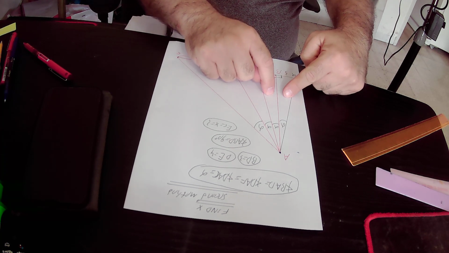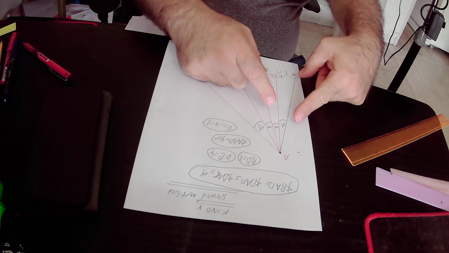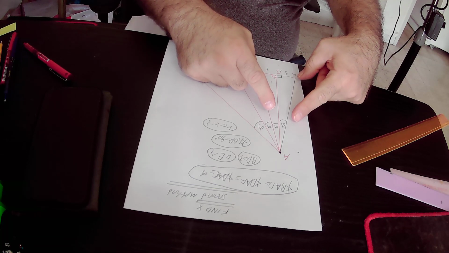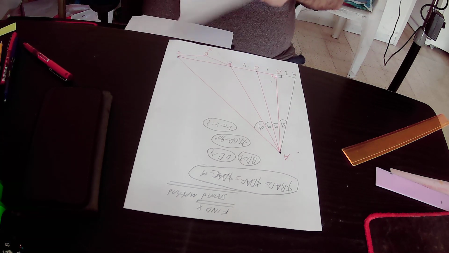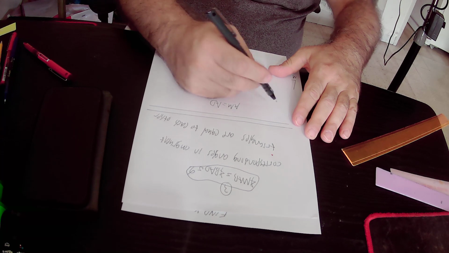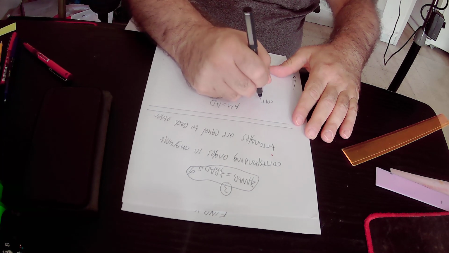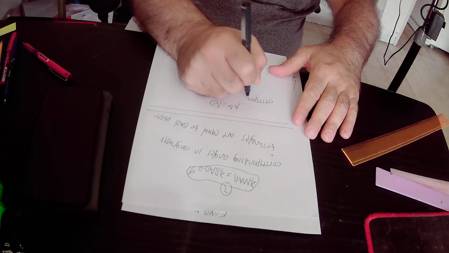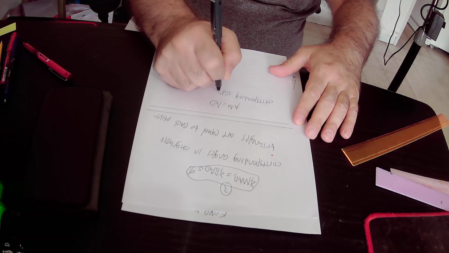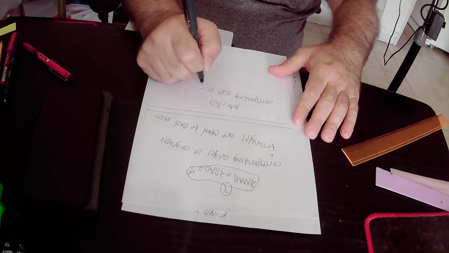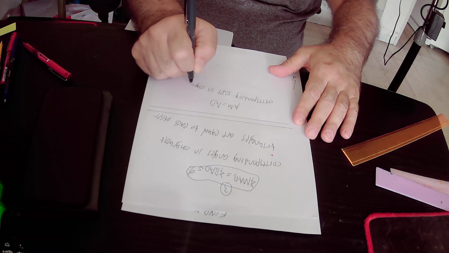Those two triangles are congruent, therefore the corresponding sides, that is to say AM and AD, must also be equal to each other. So AM equals AD according to the rule that corresponding sides in congruent triangles are equal to each other.